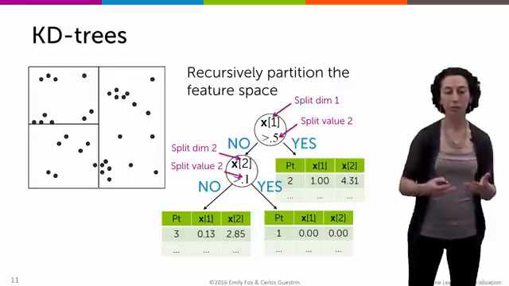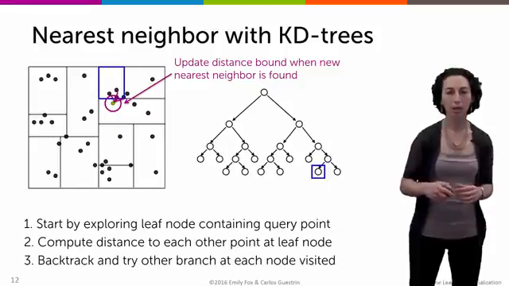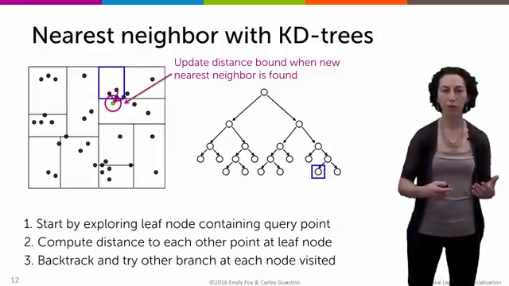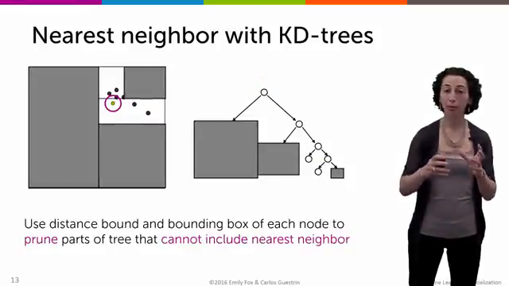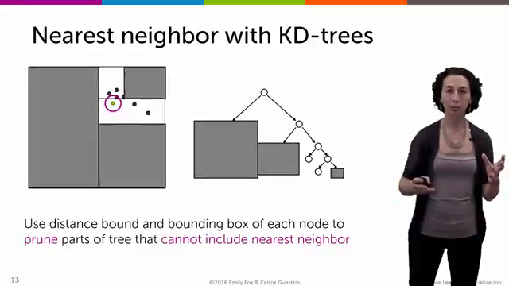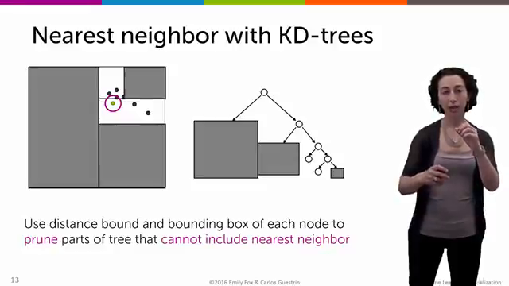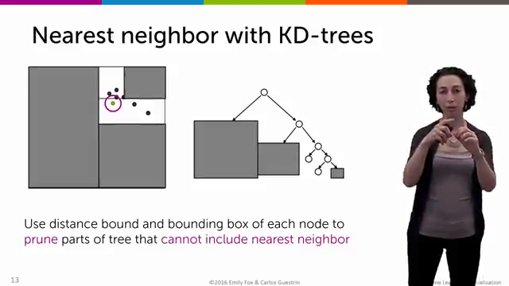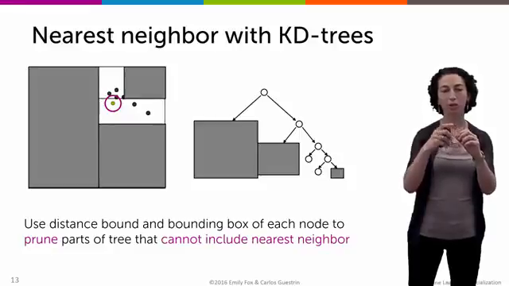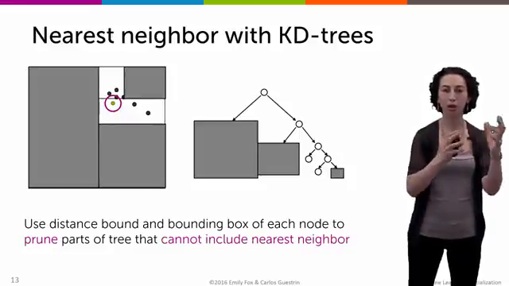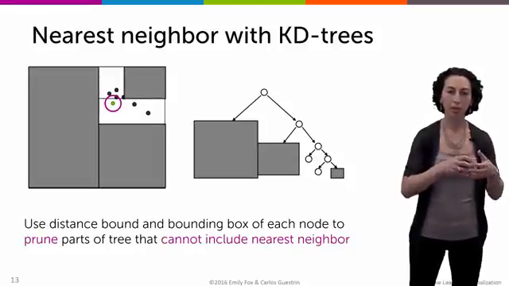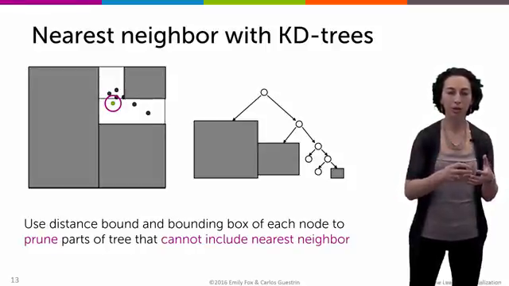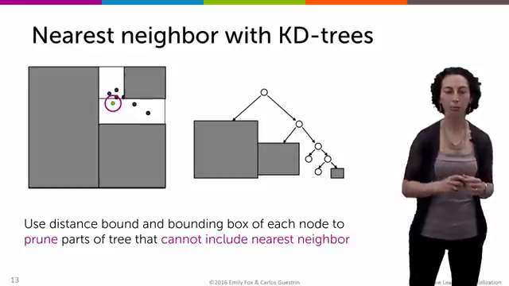And we discussed how to form this tree, and then we discussed how to use this tree to perform efficient nearest neighbor search, where the really important insight here is the fact that we can prune often a very large amount of the space by the fact that the distance to our nearest neighbor found so far is smaller than the distance to a lot of the boxes in this partitioning of the feature space. And that means that no point within any of these boxes could be a nearest neighbor to our query point.